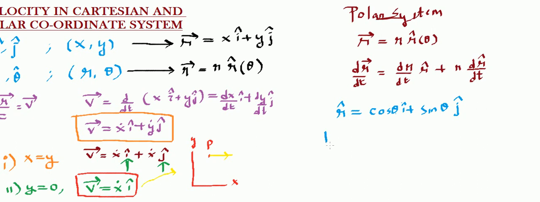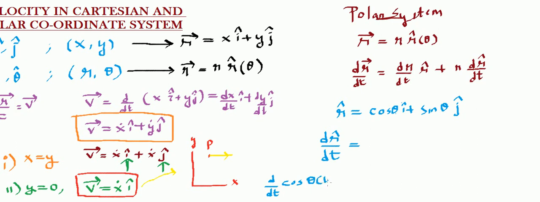So let's do d r cap divided by dt. It's quite simple. First it will act on cos theta, so how will you do d by dt of cos theta? You see here theta is a function of time.